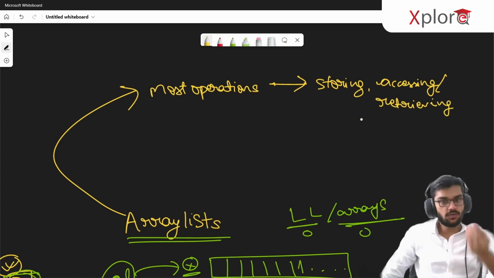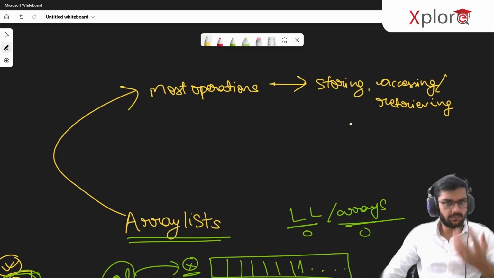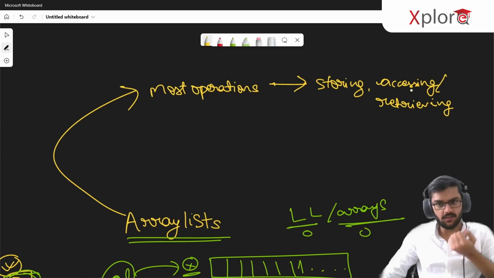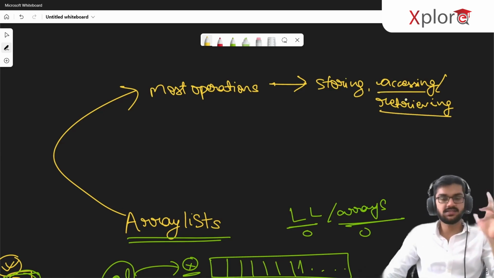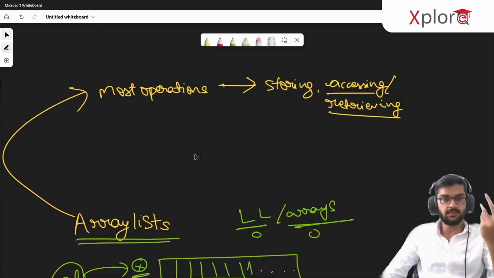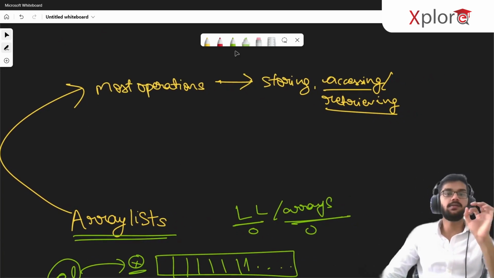Access and retrieve kind of interchangeably mean the same, so don't be worried about that. So this is where I will be using array list.